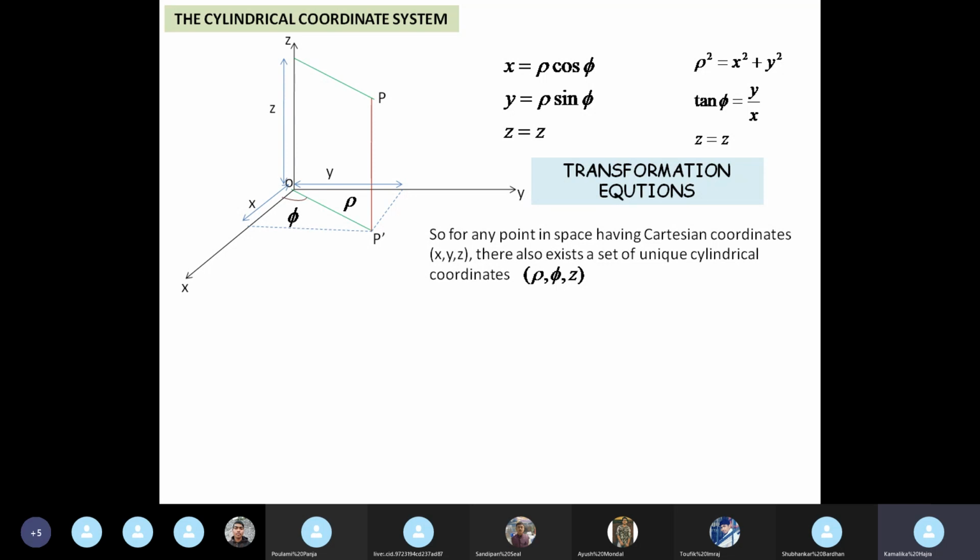So for any given point x, y, z in space, we can also assign the same point with the coordinates rho, phi, and z. Clear? So now that we have got our coordinate system, we will start identifying the surfaces, and then we'll find the unit vectors, etc., etc. Okay, one by one.